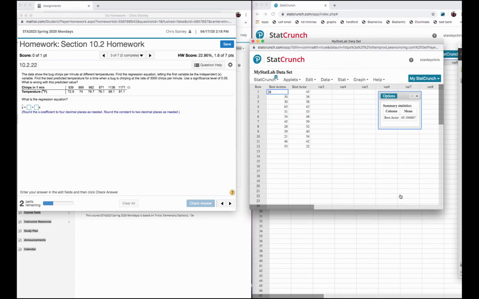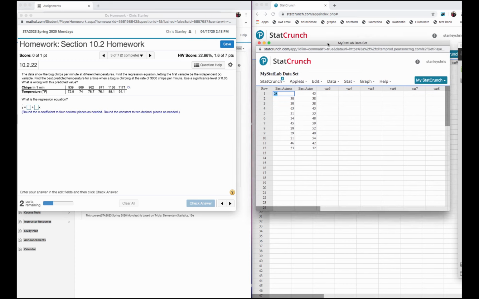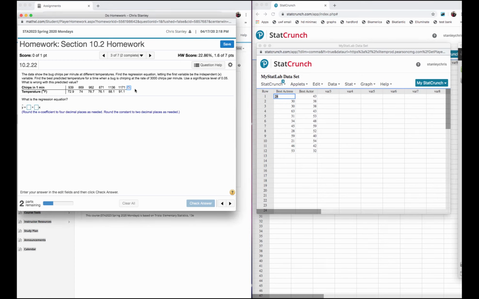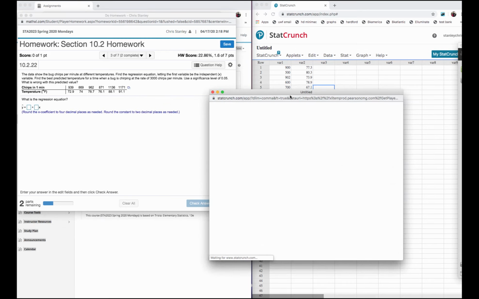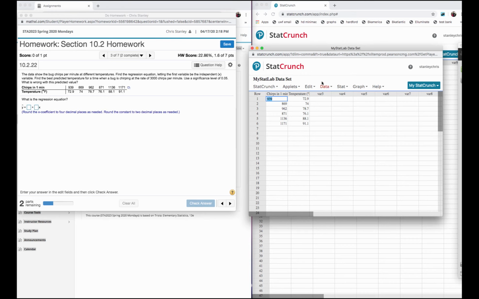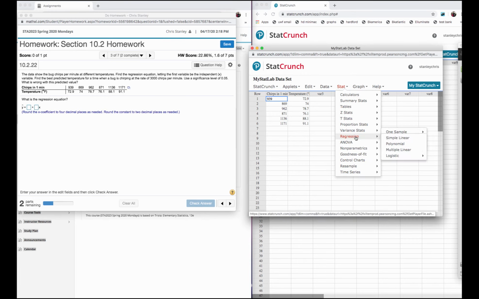It's probably going to be 46. Nope, 45. Huh. That's funny. That problem should have been wrong. Oh well. Very surprised it worked. Okay, let's go ahead and run it and get our equation.